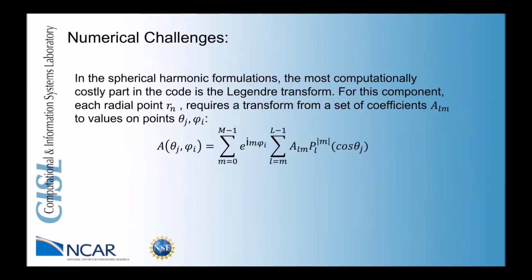So the numerical challenge here is a spherical harmonic formulation type of Legendre transform. The most computationally costly part is from the Legendre transform. For this component, we need to calculate for each radial point a transform from a set of coefficients A_LM to the values on points in the angular coordinates.